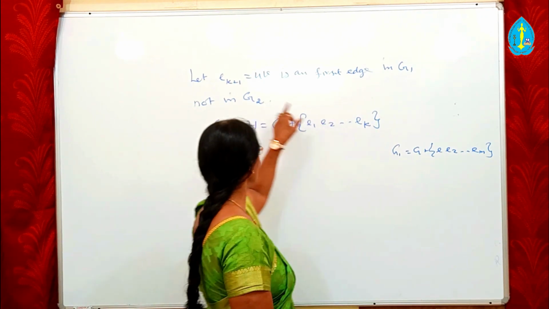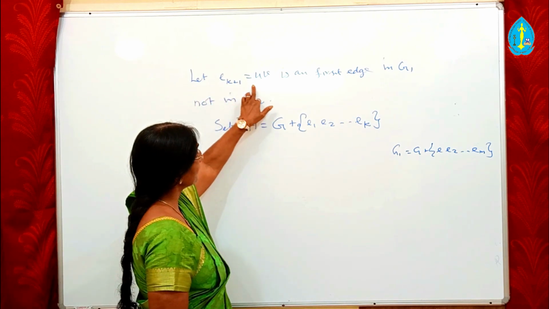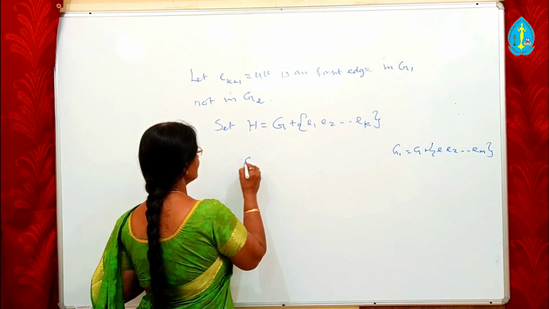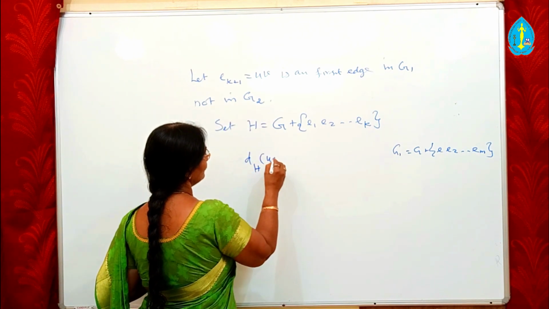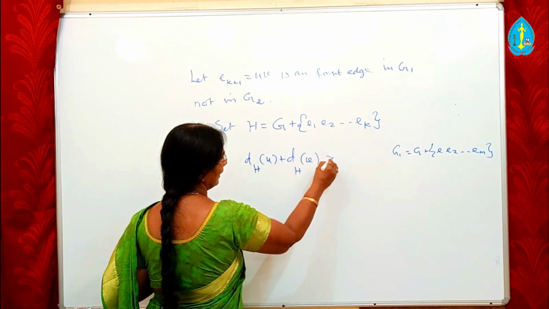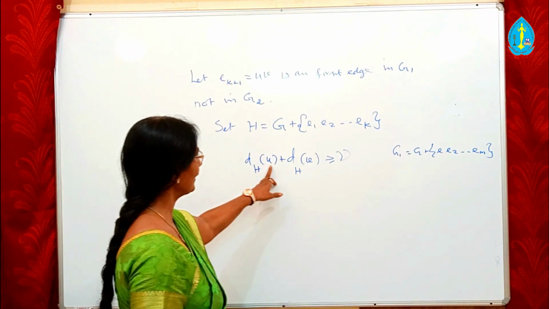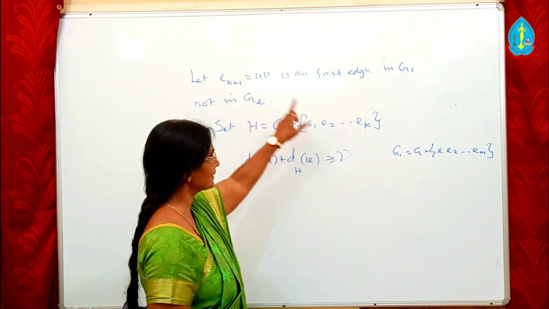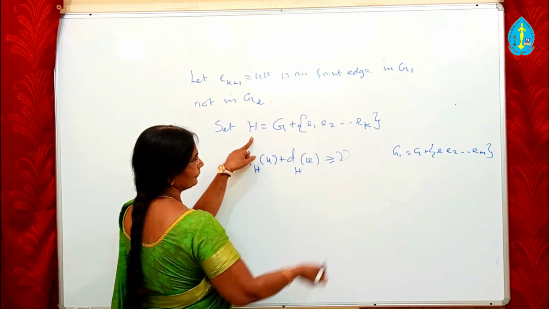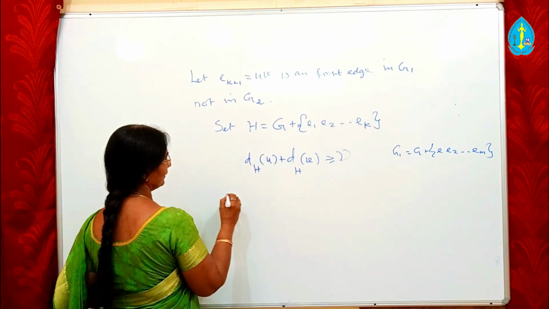And in G1 we have E(k+1). If E(k+1) is an edge of G1, then dH of U plus dH of V is always greater than or equal to gamma. Only then do we join U and V, so E(k+1) is in G1. H is a subgraph of G1 and G2, because they only differ at the (k+1)th stage.